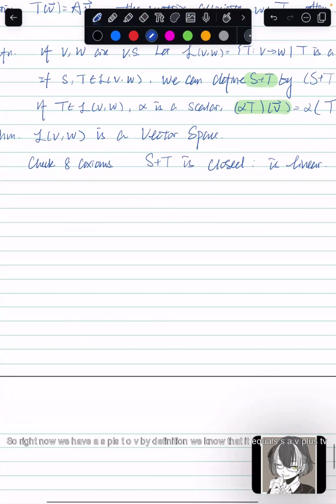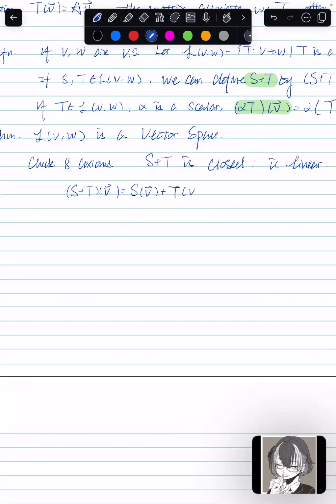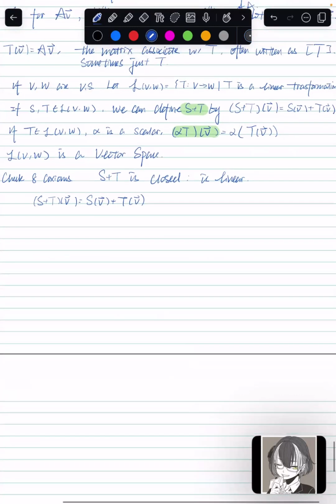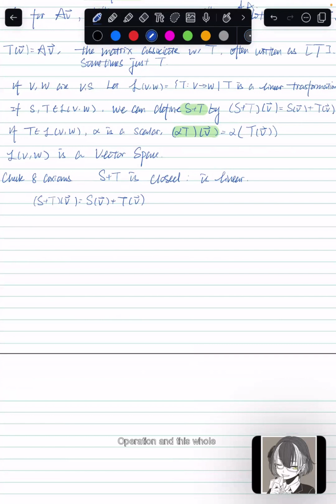So right now we have (S plus T)(V). By definition, we know that it equals S(V) plus T(V). That's the definition of the operation.